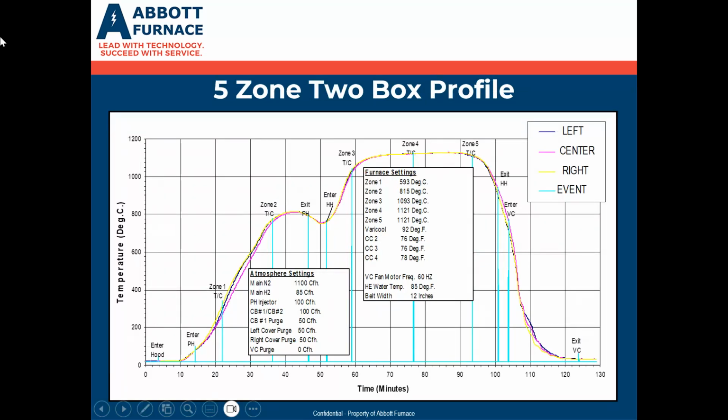So this is a two box, 5 zones, so it has a preheat and a high heat. And the marks that you see on there, what we do is we go down through and measure out the different events. We start at the front, which would be your 0 mark. That's when it first enters the hood.